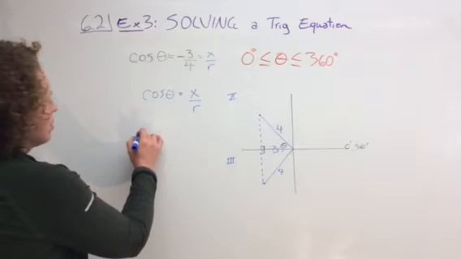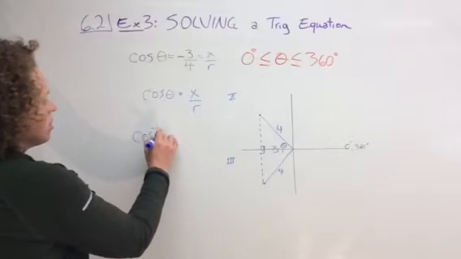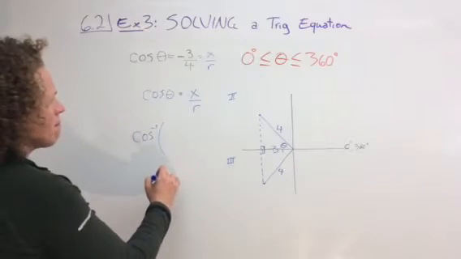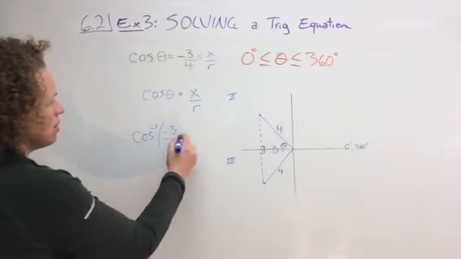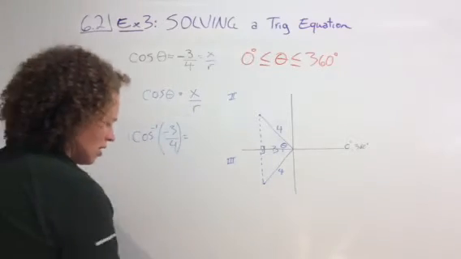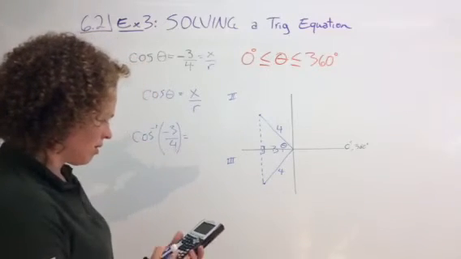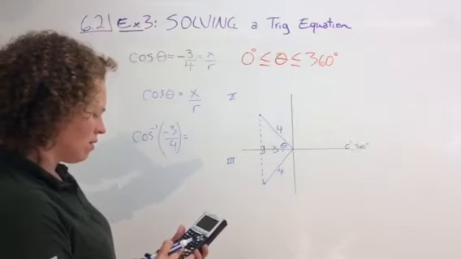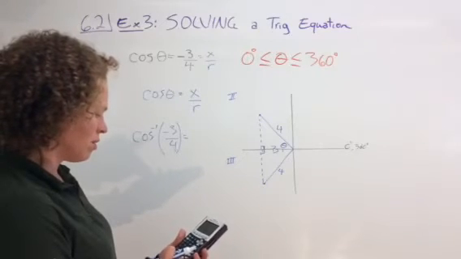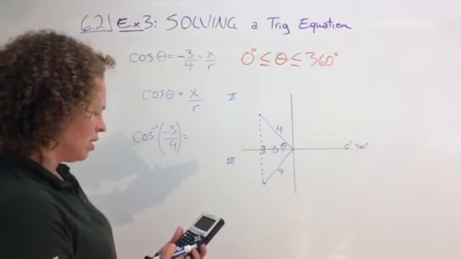So I can use this. I can go second function cos of negative 3 over 4, because that's x over r, and I should get my angle. So I take my calculator, second function cos, negative 3 divided by 4, close bracket. Yeah, you know what?